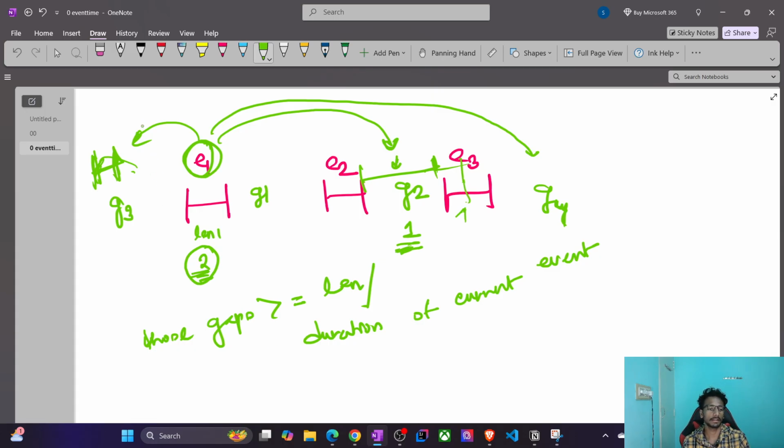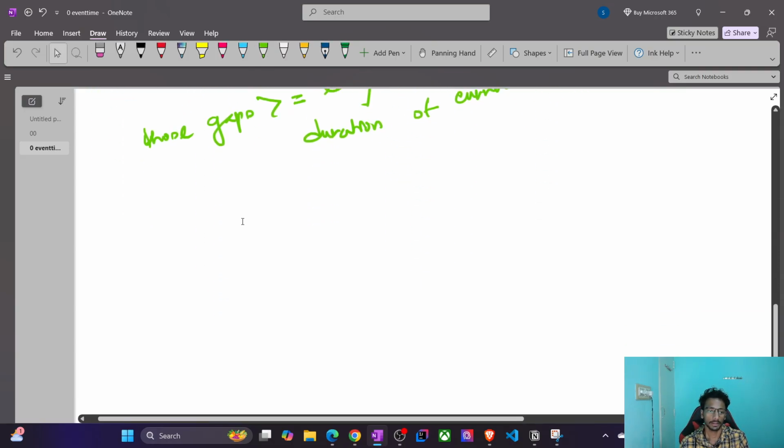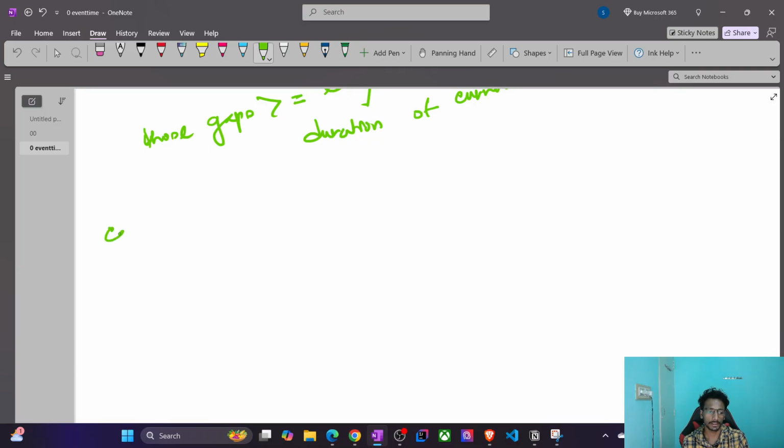It may be possible that the gap is present at the front, meaning the left side, or on the right side. So we need to find out whether such a gap is present or not. Is there any gap whose length is greater than or equal to the duration of the event we are trying to shift? There are two situations possible.